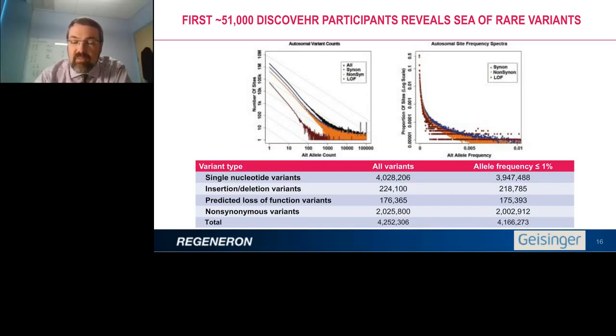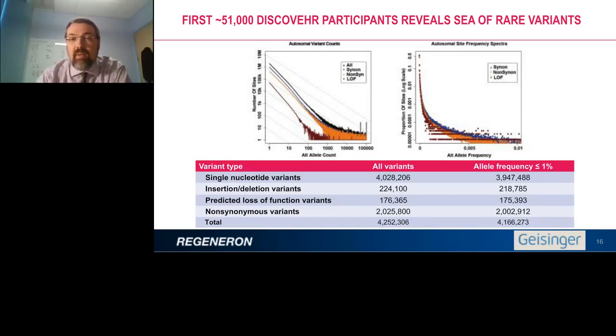And in terms of sites, actually, as you sequence deeper and deeper into a population, you keep adding more and more sites, but those sites tend to be rare because you've already found the common variant sites. So the value of sequencing the 50,001st person is the additional rare variation that you identify in that individual, as well as having some value in accruing numbers of individuals who carry variants and having information about their phenotypes, which I'll get to.